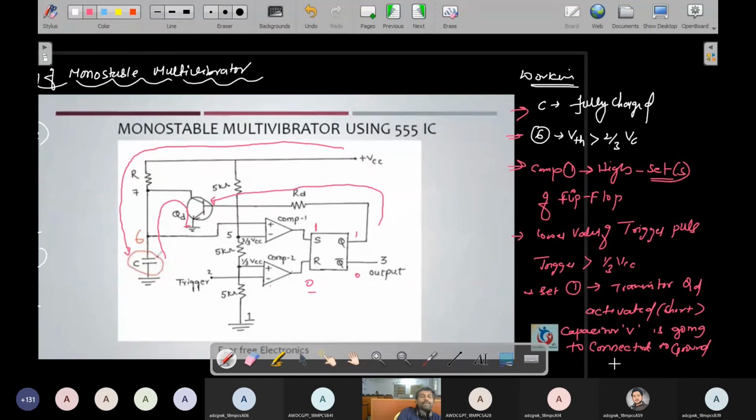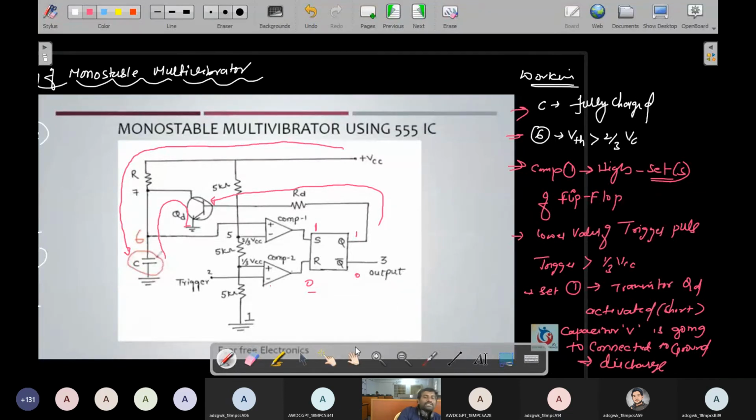So obviously the capacitor is discharging. This is nothing but the discharging process. When the capacitor is discharging, then this plus VCC, the voltage will decrease. Now the voltage will decrease, which means VTH is less than 2 by 3 volts.